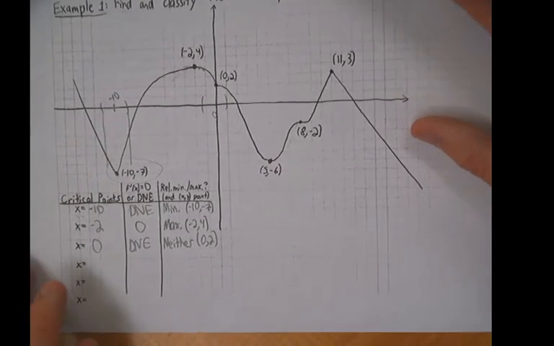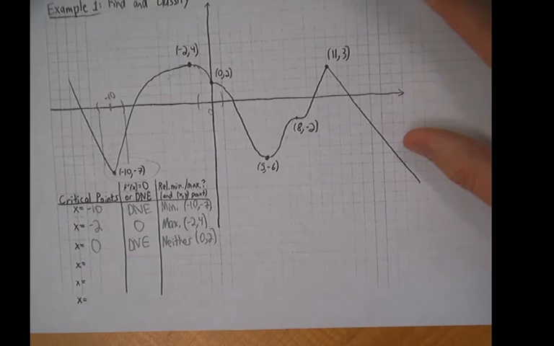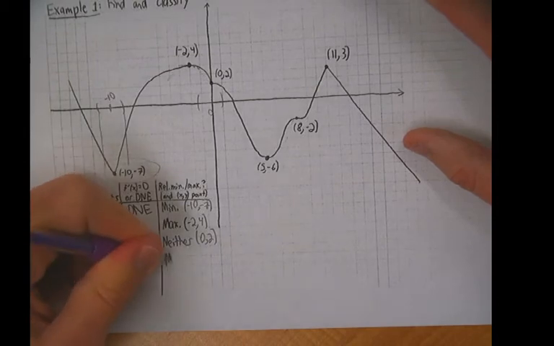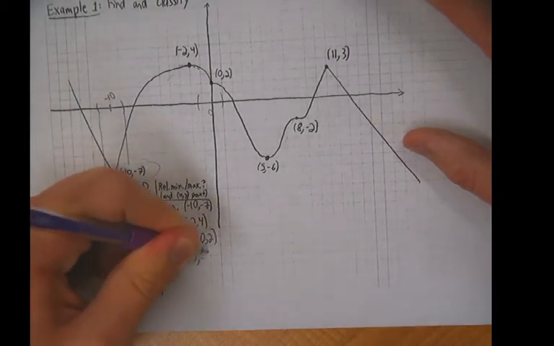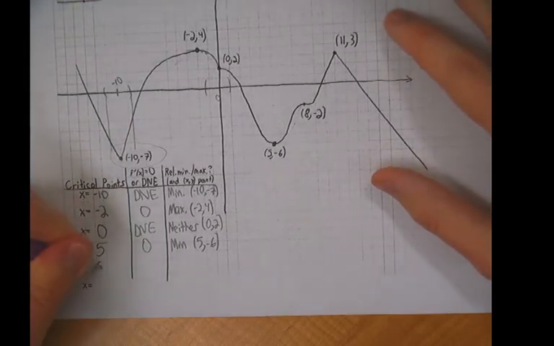Okay, keep going down the line. What's the next one? 5. 5? 0. 0? Min, good. So 5, -6. Then someone else, what's the next point? 8?